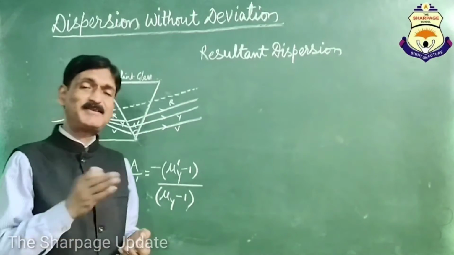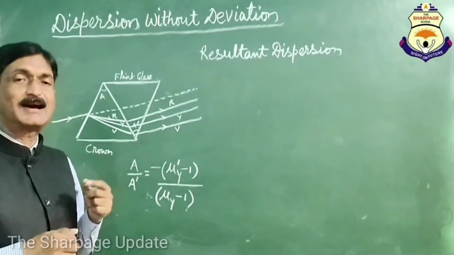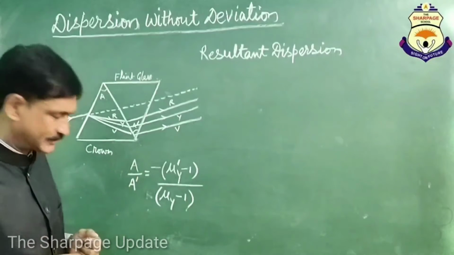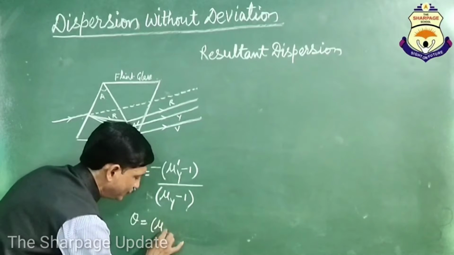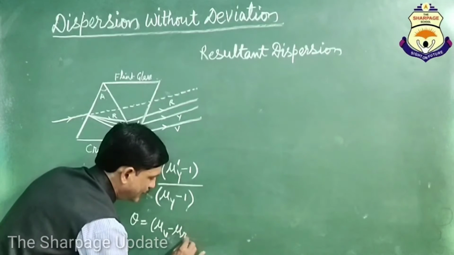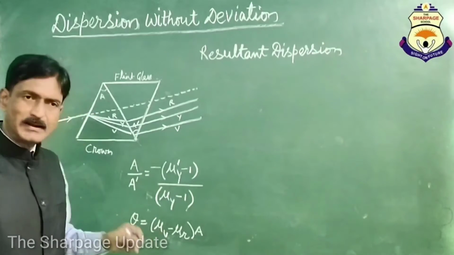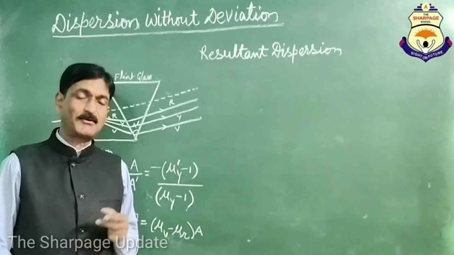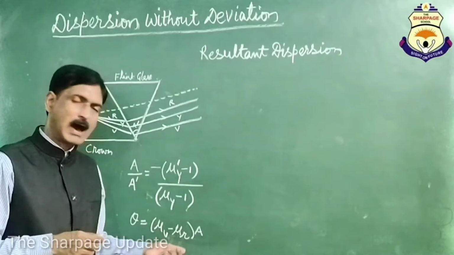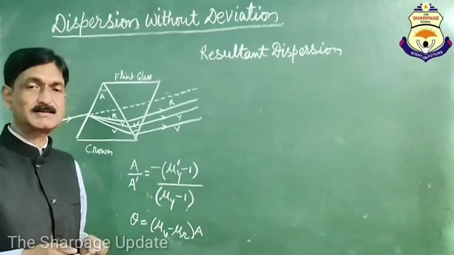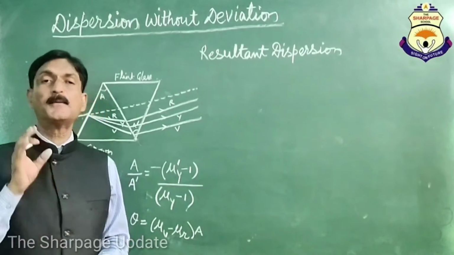Friends, in the previous video, I told you the relation for the dispersion, meaning angular dispersion. So angular dispersion theta is equal to mu v minus mu r into A. Here mu v represents the refractive index for the material of the prism for violet color, and mu r represents the refractive index of the material of the prism for red color, and A represents the angle of prism.